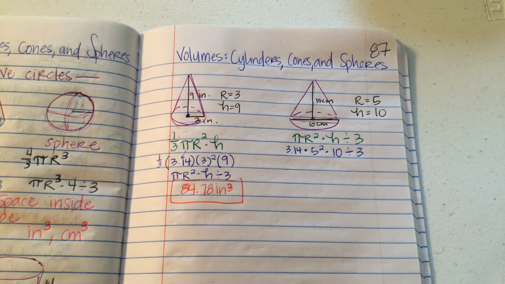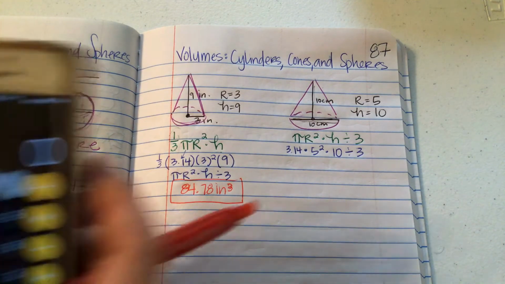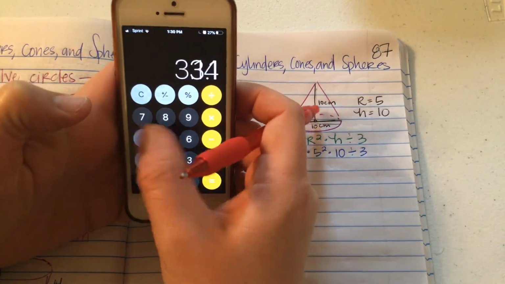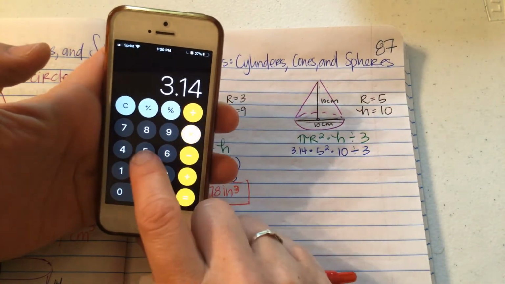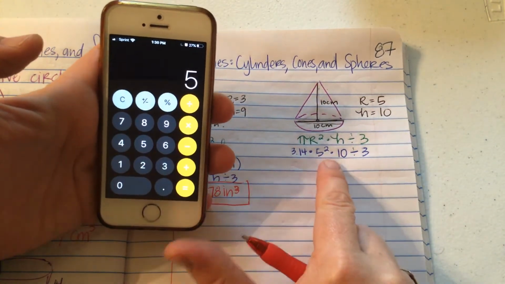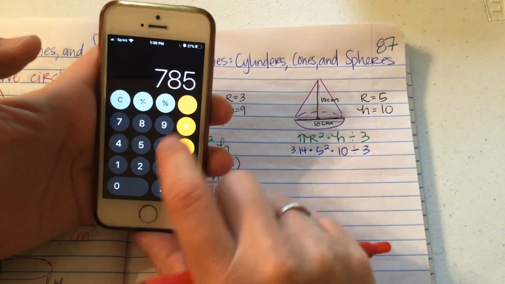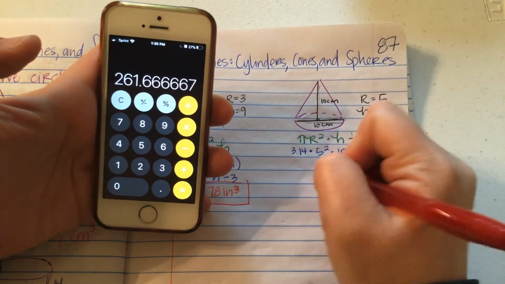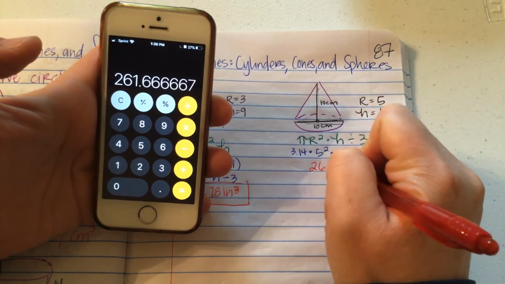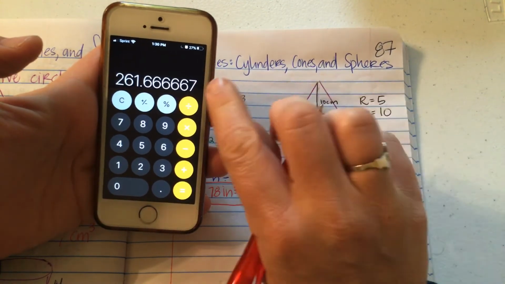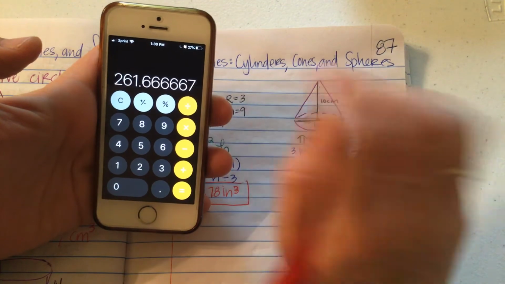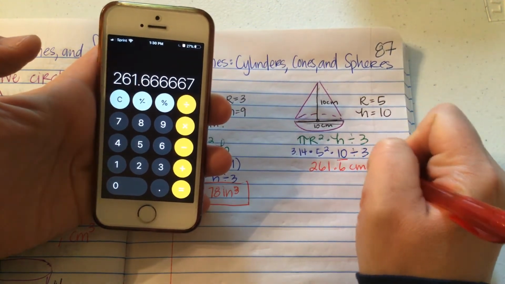All of that is the same. It doesn't matter. 3.14 times 5 squared times 10, the height, divided by 3. 261.6 repeating, remember, ignore that 7, centimeters cubed.